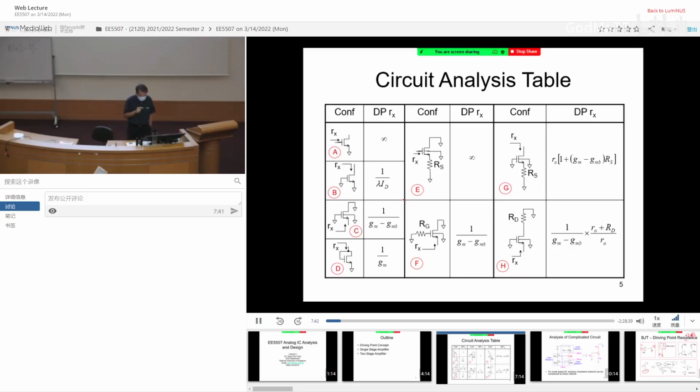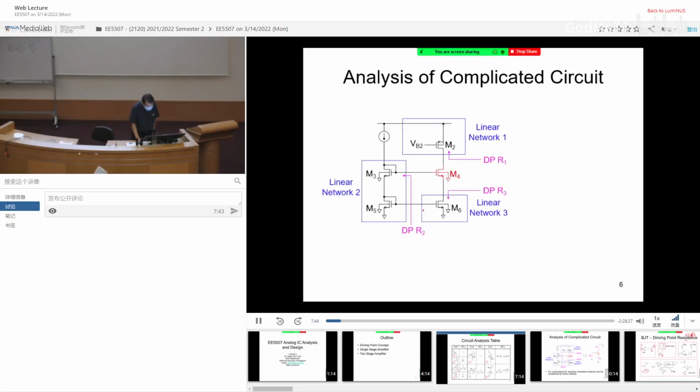After tabulating them, we memorize them. And then from here onward, suppose you are dealing with a more complicated circuit, what do you do? With this more complicated circuit, we first start asking ourselves, who is the main character? Among all these transistors, maybe there is M4, the transistor that is responsible for the whole signal path, responsible for amplification.